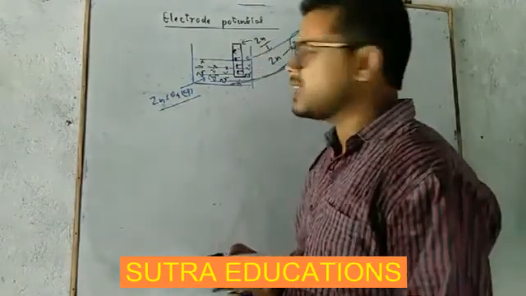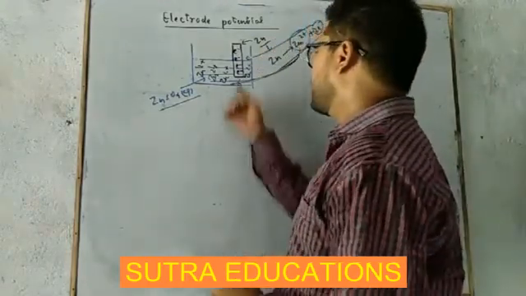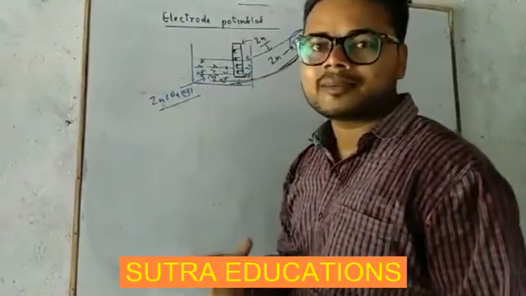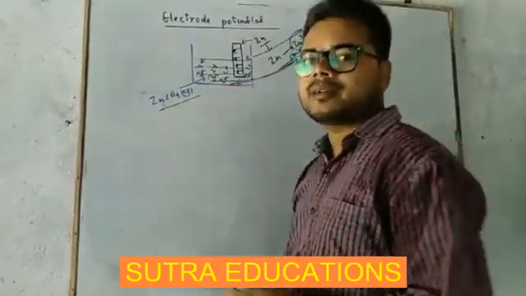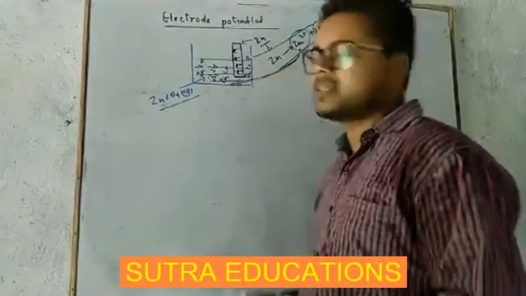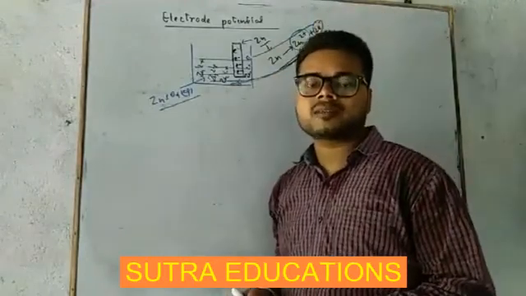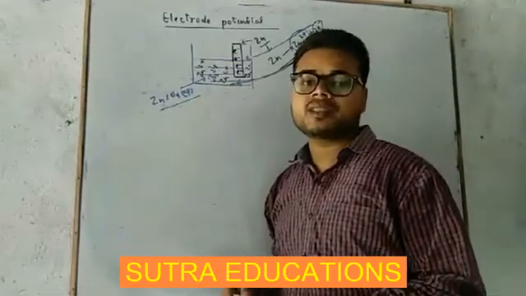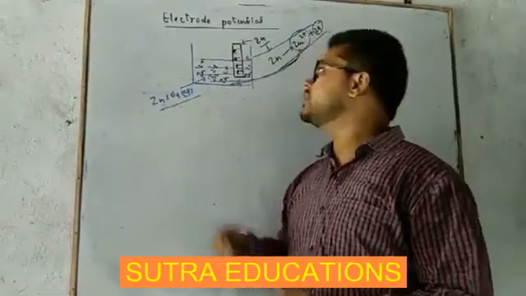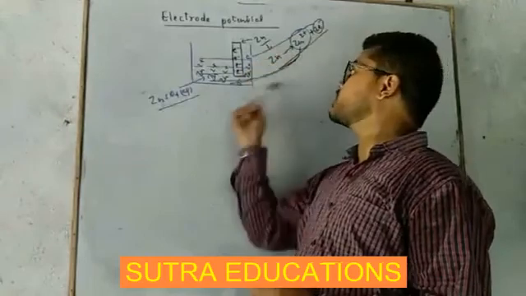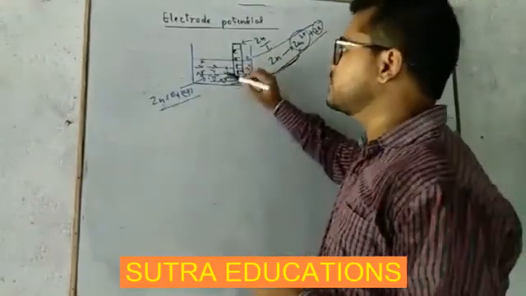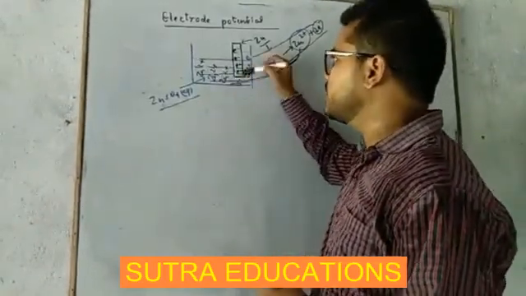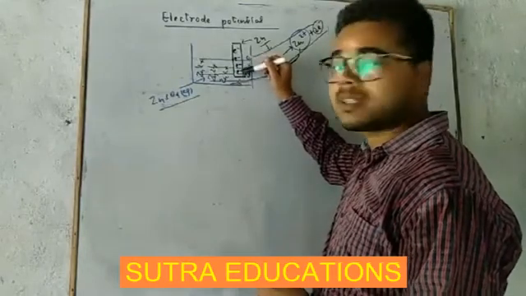Now you can see on the metallic zinc, on the rod of zinc, electrons are present. Electrons mean negative charge, and in this electrolyte Zn2+ is coming. So here the concentration of Zn2+ is more, and there the concentration of electrons is more.